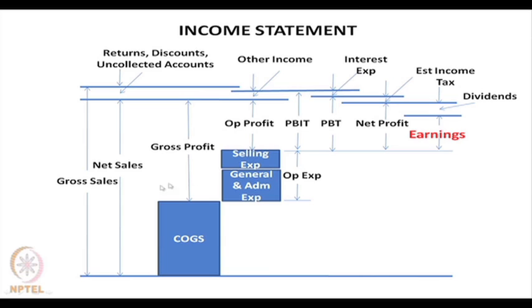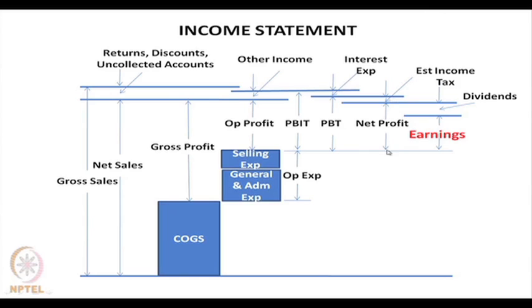So, net profit is calculated only after all expenses including interest and income tax are paid. So, net profit is the operating profit plus other income minus interest expenses minus estimated income tax.